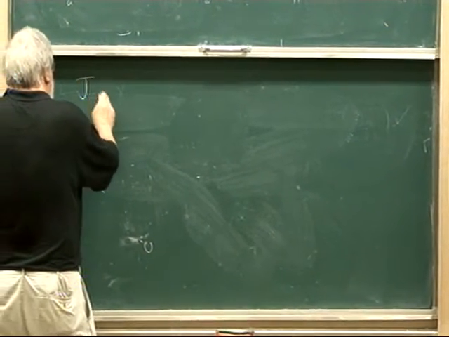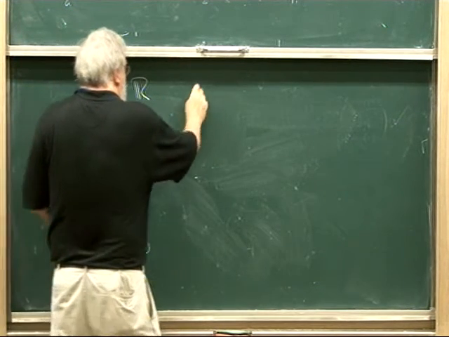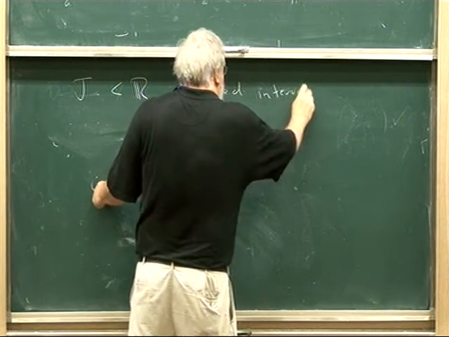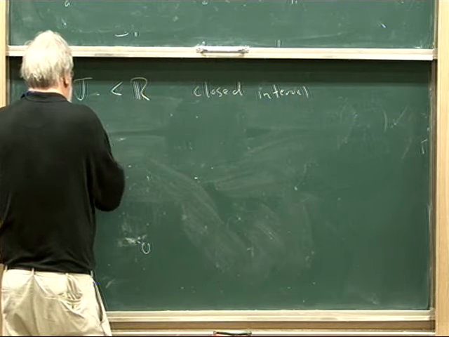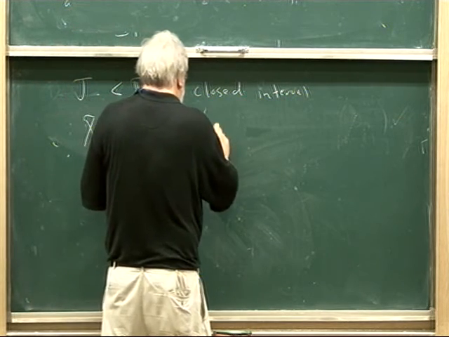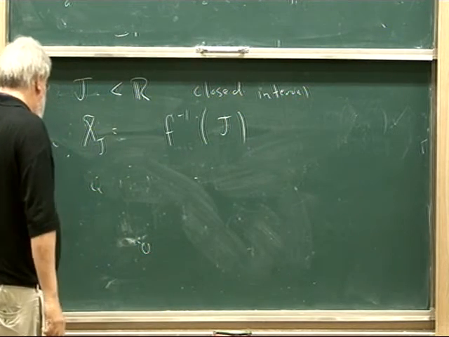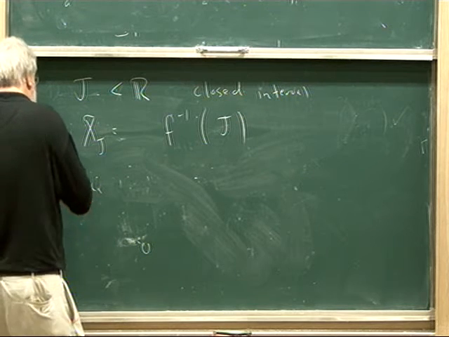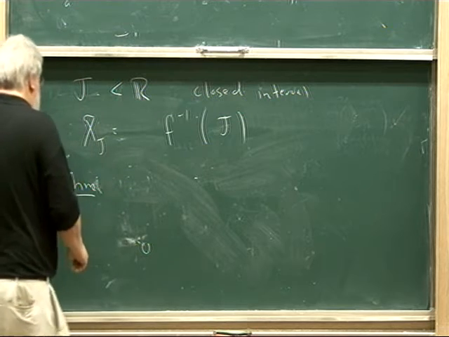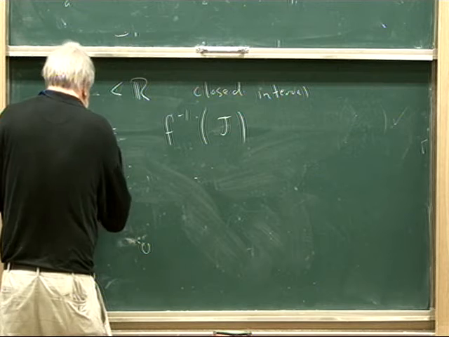So let's suppose we let J stand for any closed interval, a point or closed interval. And I'll let X tilde sub J be the sublevel set, F inverse of J. So here's their first theorem. Actually the second theorem includes the first, but this one is easier to prove, but I'm not going to prove it.